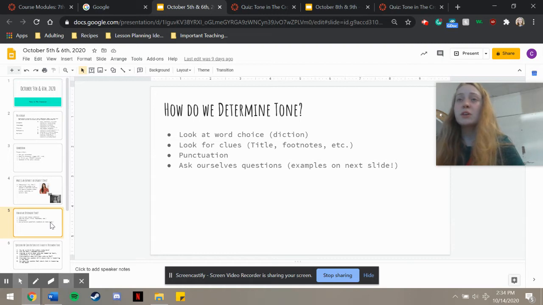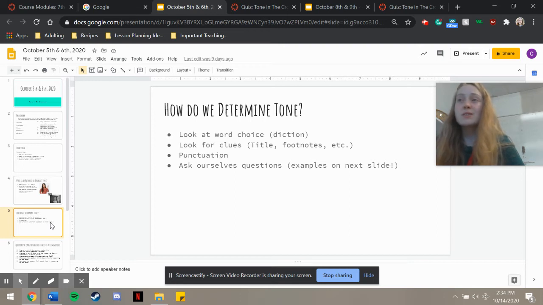We can also look at clues like the title of the poem or chapter or book. We can look at footnotes, which are little notes at the bottom of the page where we might add more details. We can look at the punctuation. If they use exclamation points, if they use question marks, if they use commas a lot, looking at the punctuation like that will help us determine how they're feeling or what they're thinking.